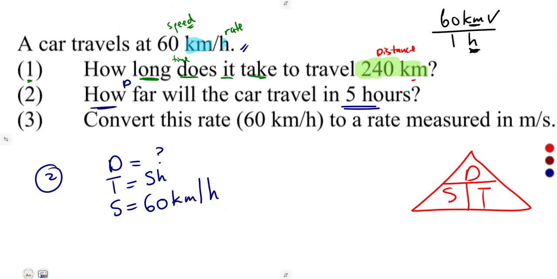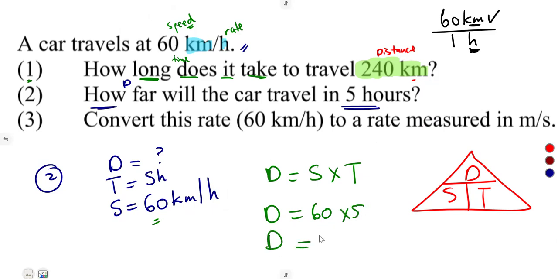So we can calculate our distance. Using this DST, distance is speed times time. So distance, speed, we have it, 60 times our time, which is 5. That gives us 300. Remember, distance in kilometers.